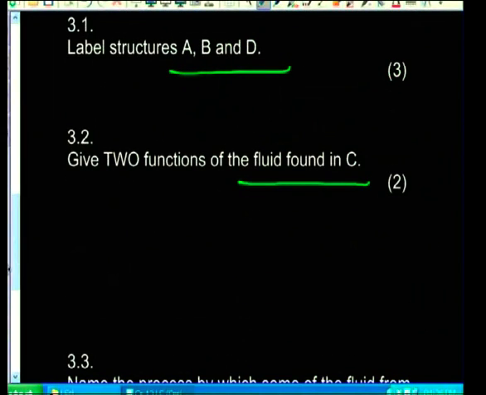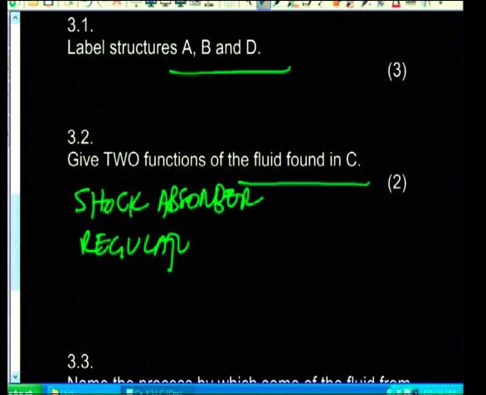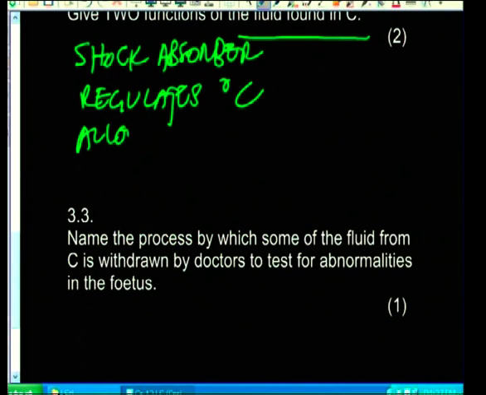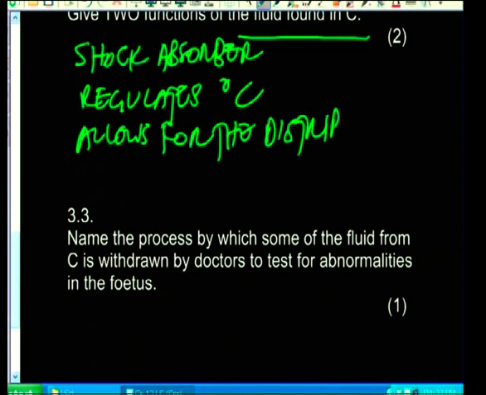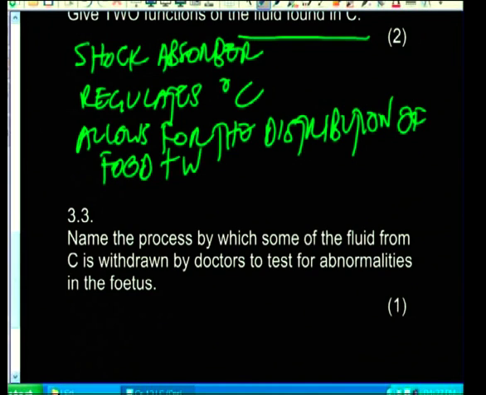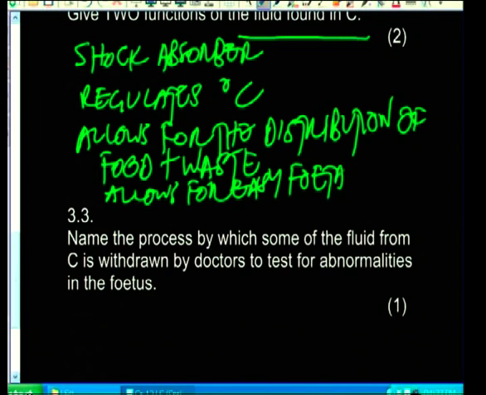We want to know functions of it. First of all, it acts as a shock absorber. It regulates temperature. It allows for the distribution of food and waste, and also it allows for easy fetal movement.